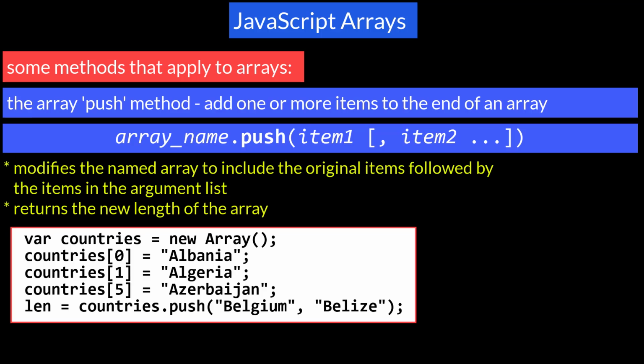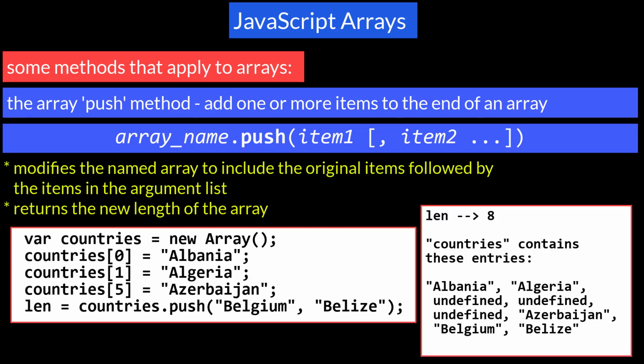For example, var countries = new Array, countries[0] = "Albania", countries[1] = "Algeria", countries[5] = "Azerbaijan", len = countries.push("Belgium", "Belize"). The result, len, is 8, and the entries are Albania, Algeria, undefined, undefined, undefined, Azerbaijan, Belgium, Belize.